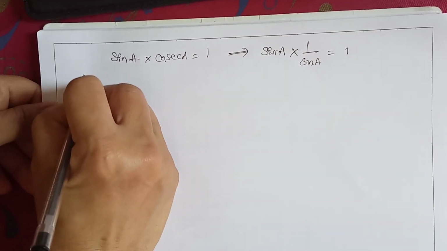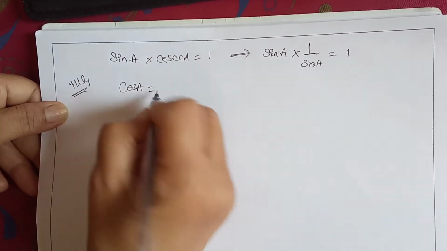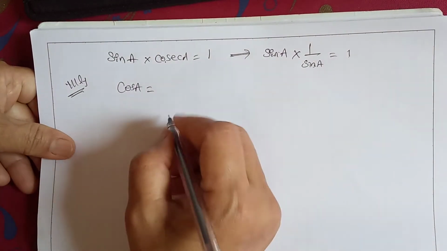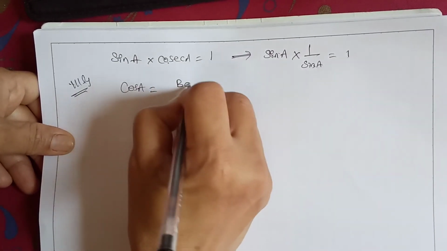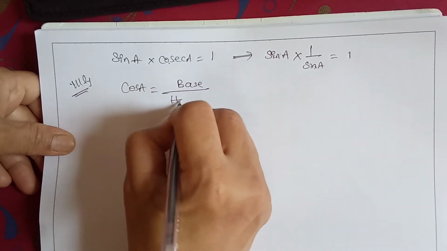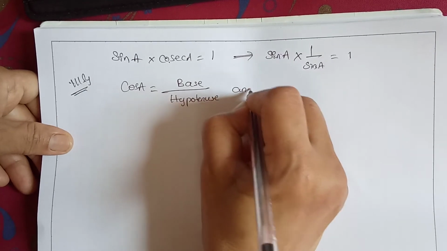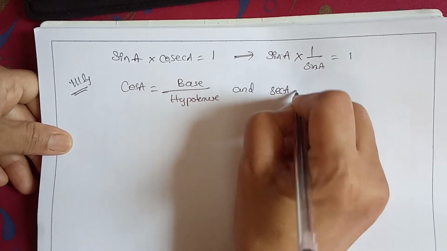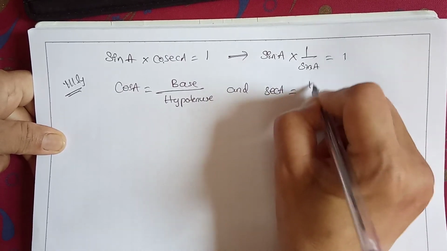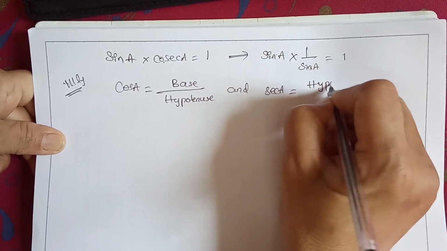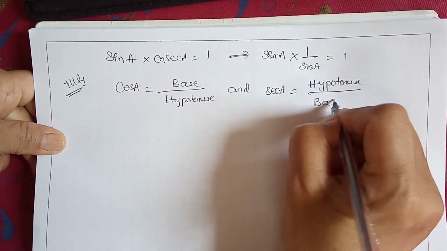Similarly, cos A. What is cos A? Cos A is base by hypotenuse. And sec A, or sec theta also you can say, is hypotenuse by base.